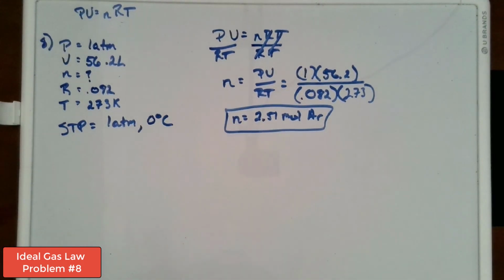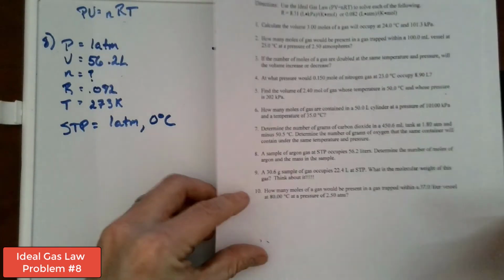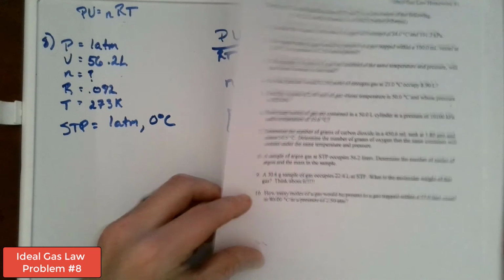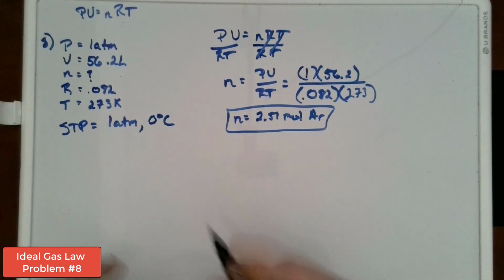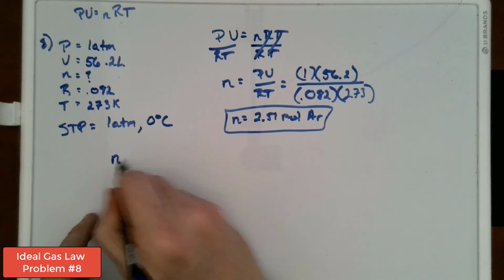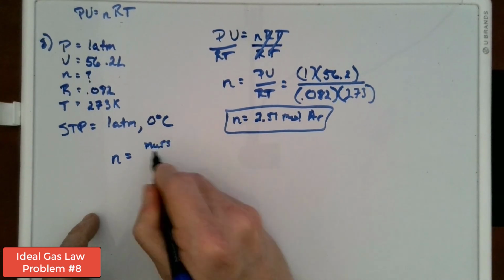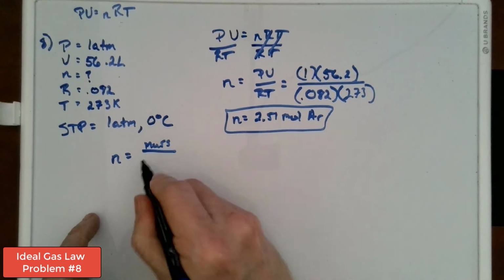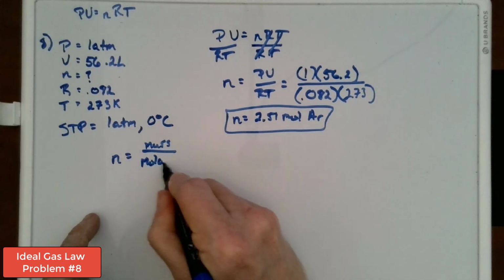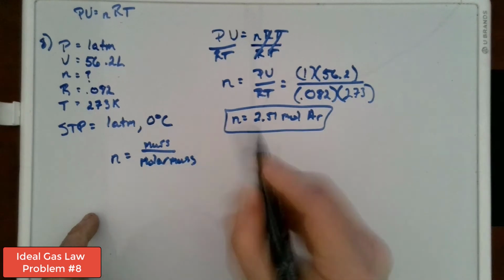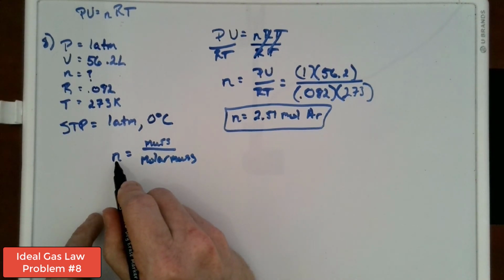But remember, this problem also wanted us to solve for the mass of the sample. Now this is where we recall what number of moles is equal to. If you remember, mole is simply the mass of whatever element or compound divided by its molar mass or molecular weight. So currently we know the number of moles, we know n.